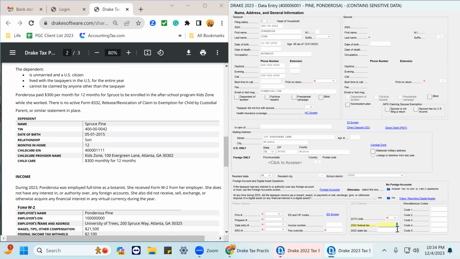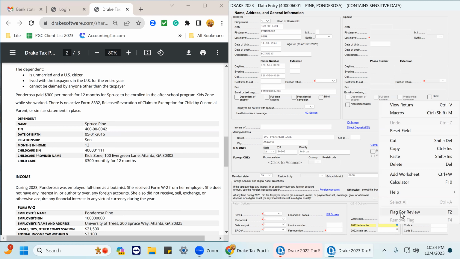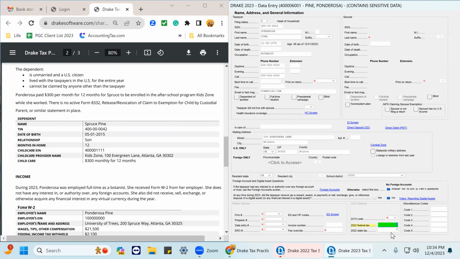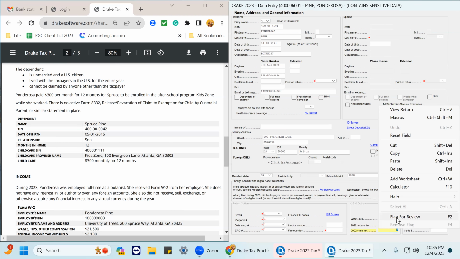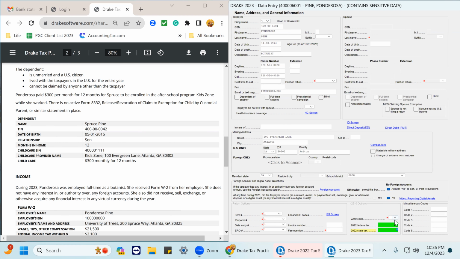Okay, so since I have a question about it, I right click, I flag for review. Anything green, how to do it? Right click, flag for review. So that way you can go back to see. Okay.